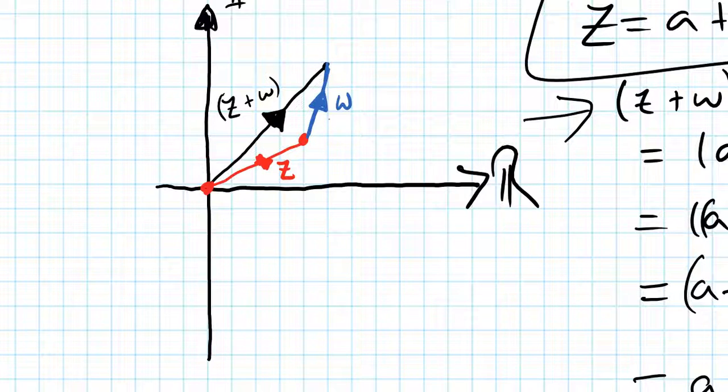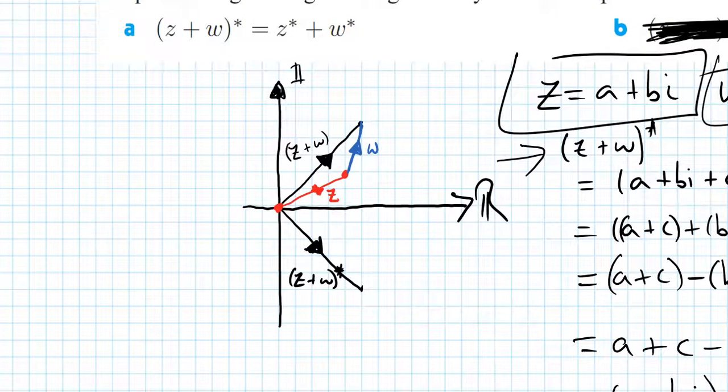Well, that is going to be a reflection, as we already saw in a previous video, in that real axis. So that has got to be (z + w)*, because it's a reflection in the real axis.